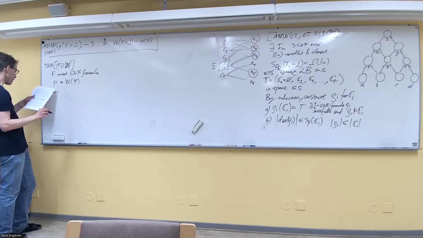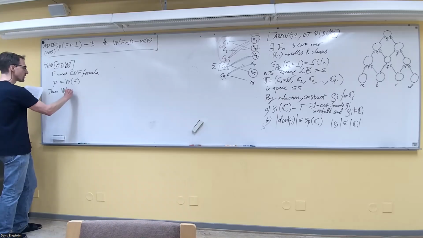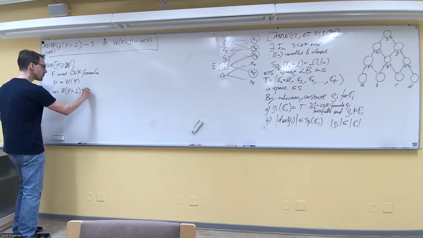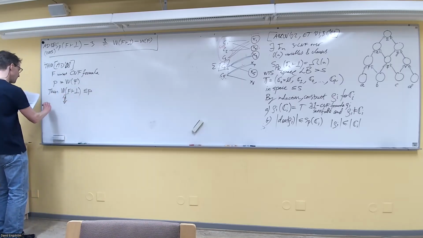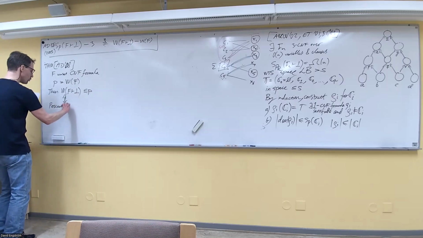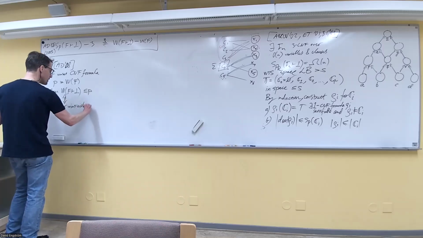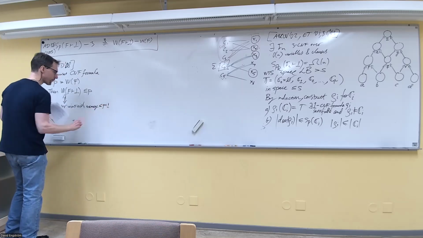Then I claim that the following holds: the width of refuting F is at most P if and only if prosecutor wins with memory at most P plus 1.